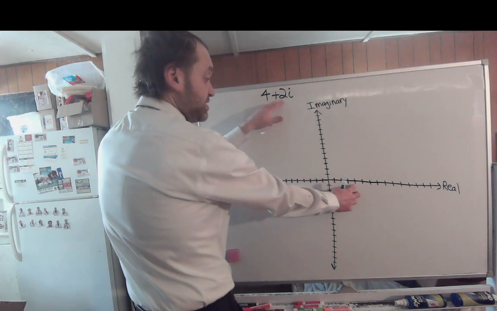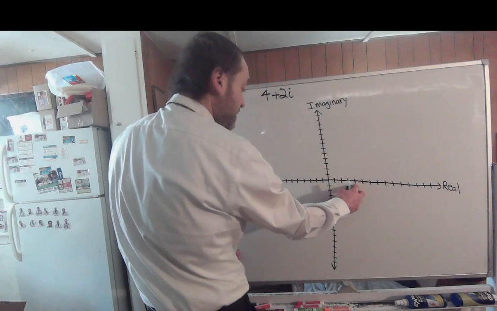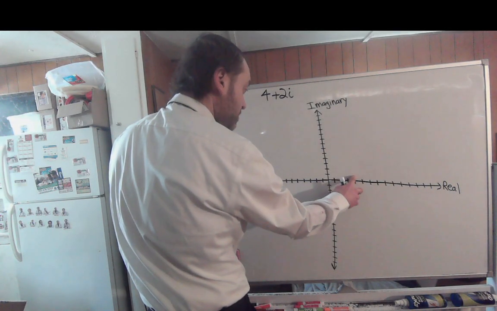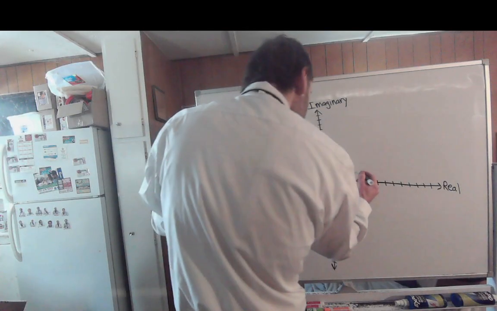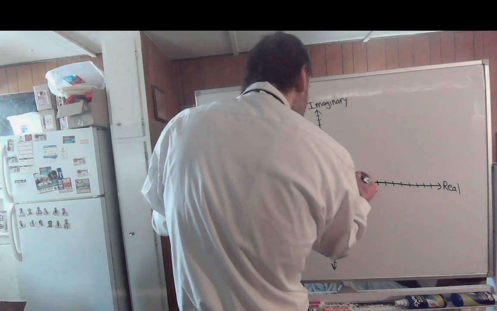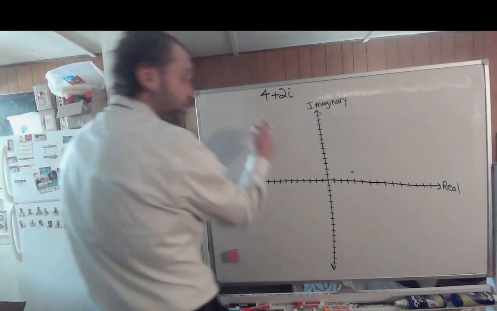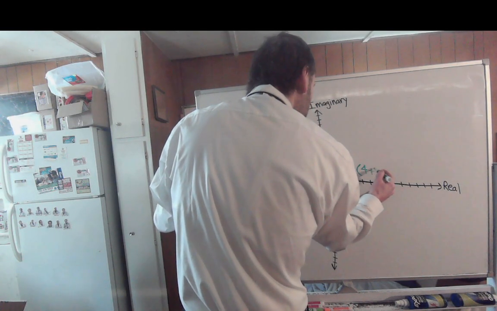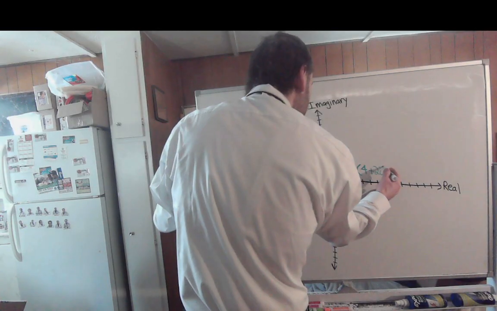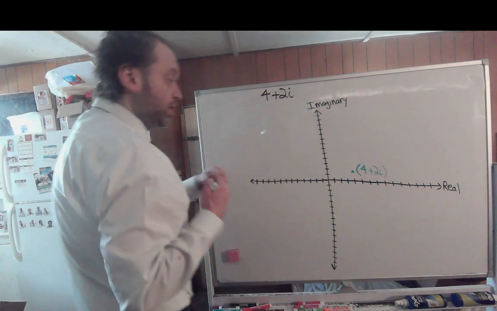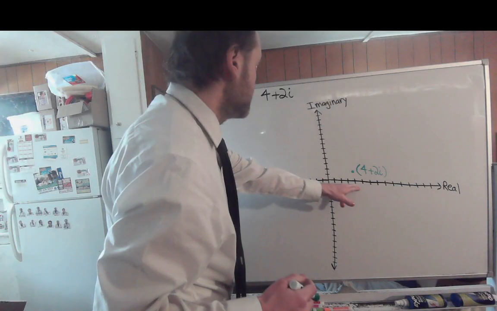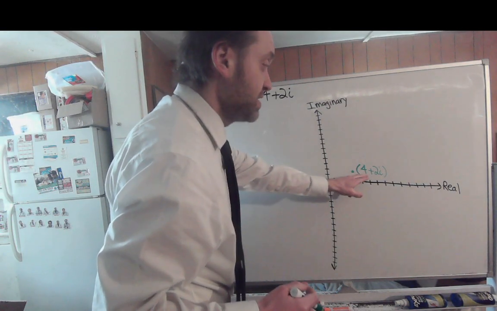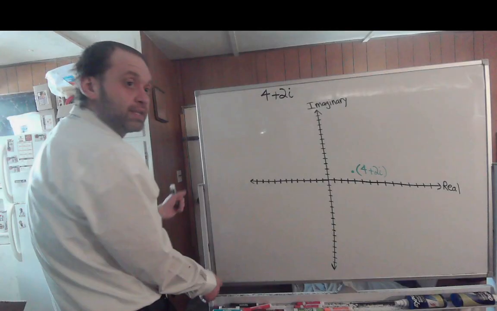And then I have plus 2i, so I'll go up on the imaginary axis, so 1, 2. So it would almost be like plotting 4, 2, but instead of 4 comma 2, it's 4 plus 2i. When you plot that, I went over 4 on the real axis and then up 2 on the imaginary. So that's 4 plus 2i right there.